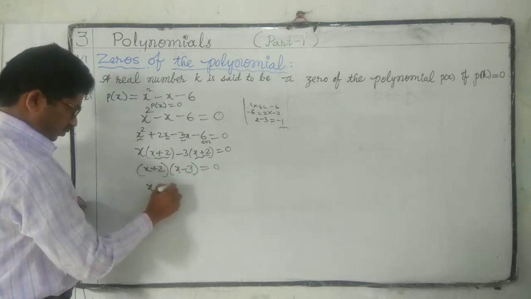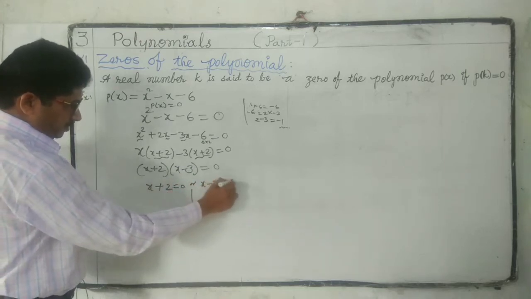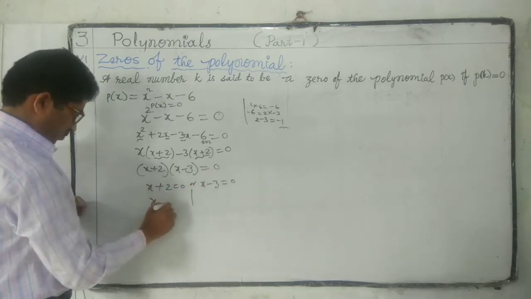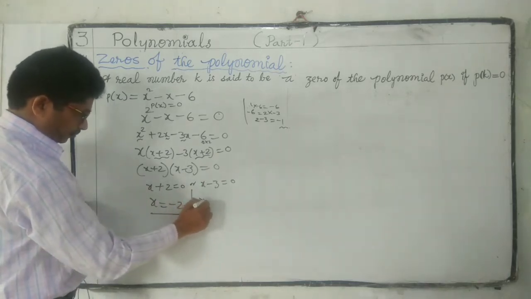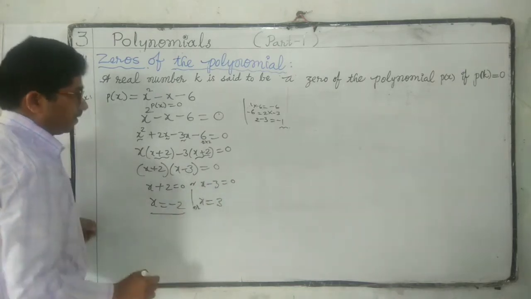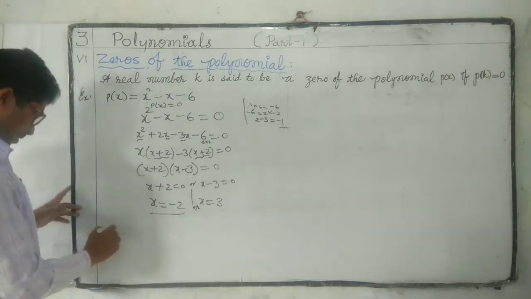Therefore, x plus 2 is equal to 0 or x minus 3 is equal to 0. x is equal to minus 2, x is equal to 3. Therefore, it has two zeros of the polynomial.